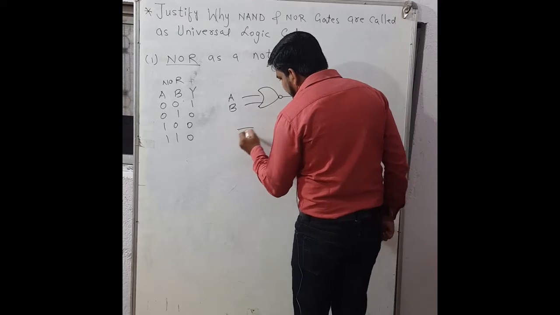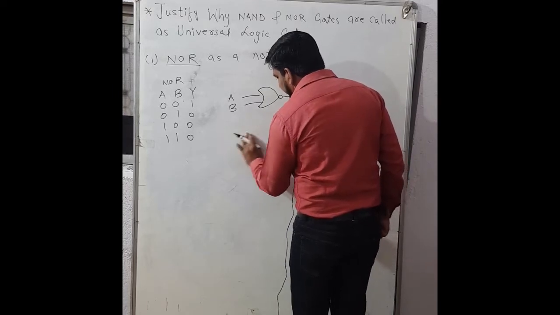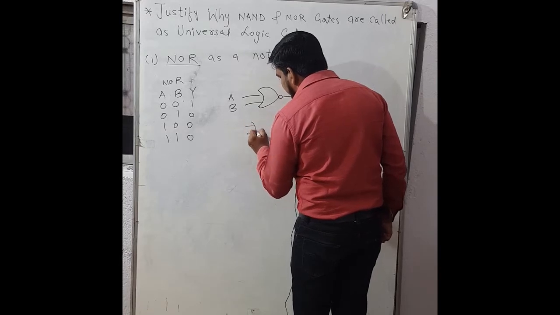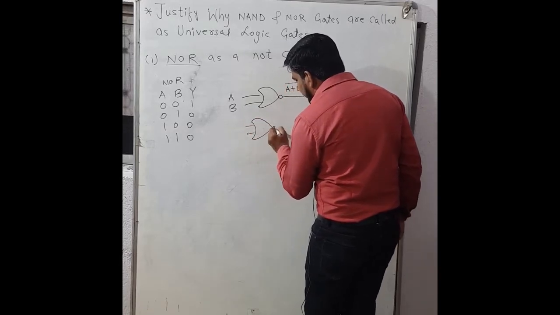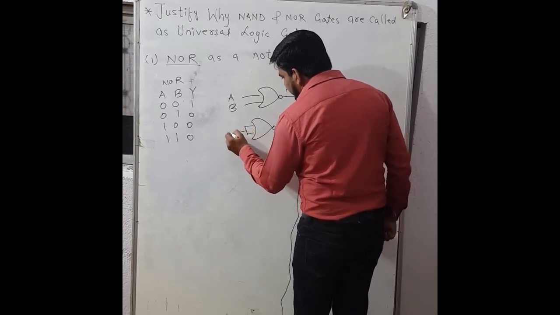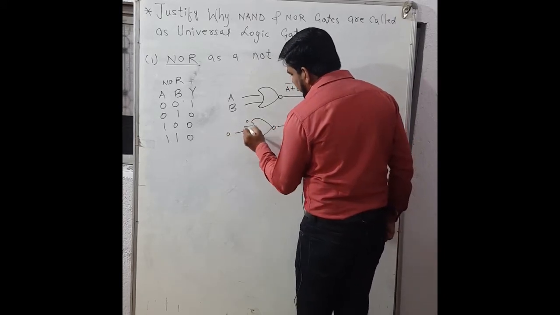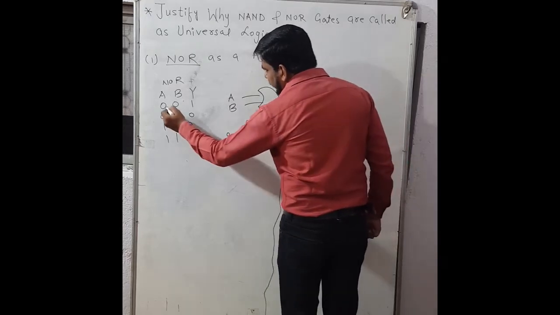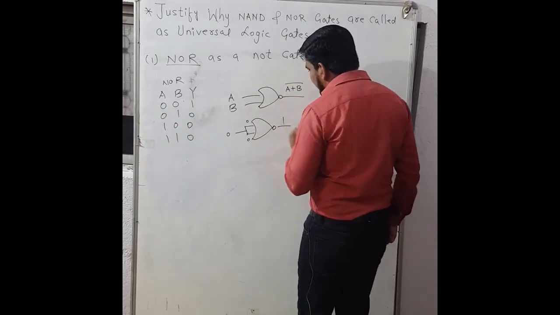Suppose all the inputs of a NOR gate, here we are considering two inputs. For this two input NOR gate, when both the inputs are shorted and suppose 0 is passed through this circuit, so 0 0 is applied to the input, and we know for 0 0 output is high.